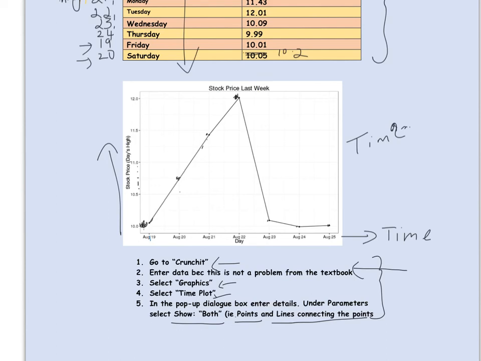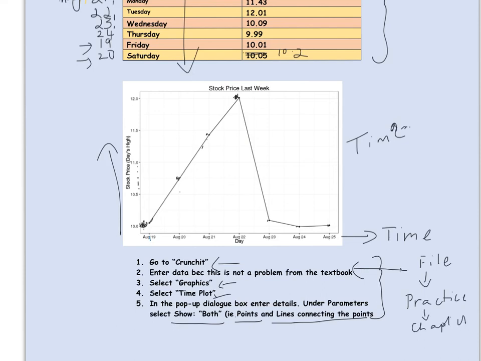Now, one thing to remember about Crunchit is that if you are solving a problem from the textbook, all the numbers are preloaded into Crunchit. So all you have to do is go to File, under File go to Practice of Statistics in the Life Sciences, that is your textbook, and from there you can pick the problem number from each chapter.